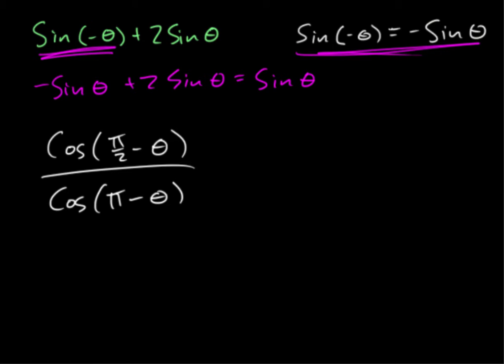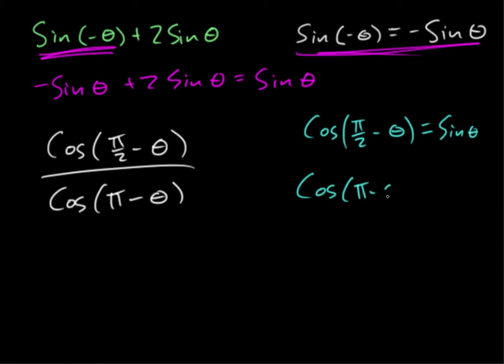Now, if we look at those relationships on our sheet, we can see that, let's see, the top one, cosine of pi halves minus theta is equal to sine theta. And the bottom one, cosine of pi minus theta, is equal to negative cosine theta.